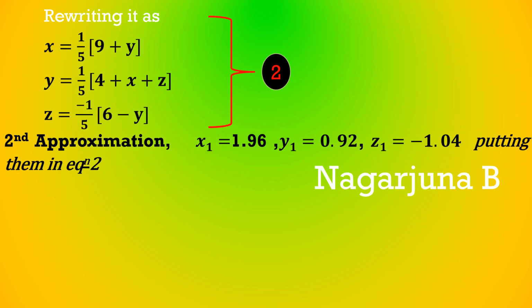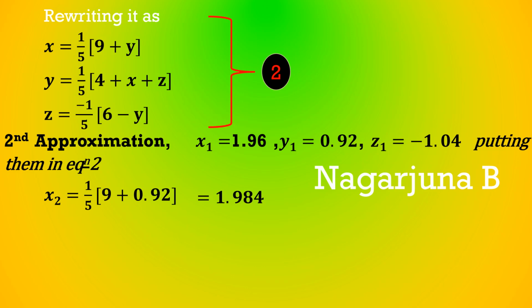First, x2 is equal to 1 divided by 5 into 9 plus 0.92. While calculating, open the bracket, 9 plus 0.92, close the bracket, divided by 5, and that answer is 1.984.